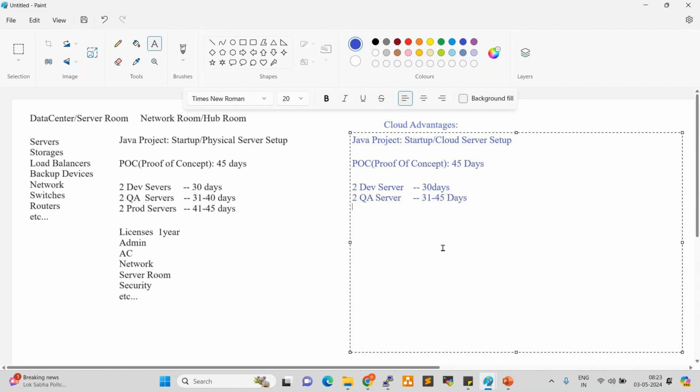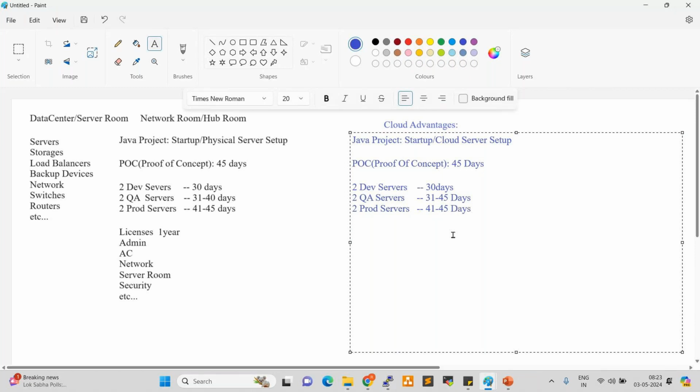Once testing is completed, we can create two more servers. We no need to create all the servers at a time here. Two more servers you can create for production, from 41 days to 45 days, right?